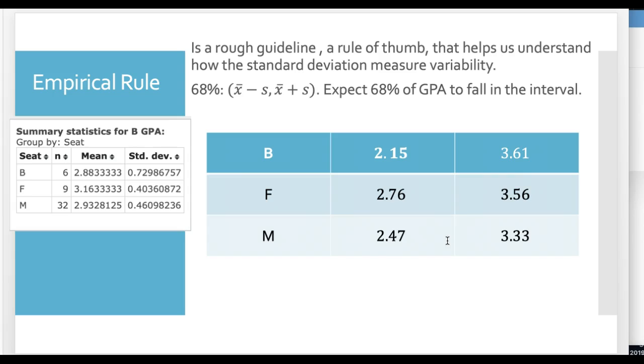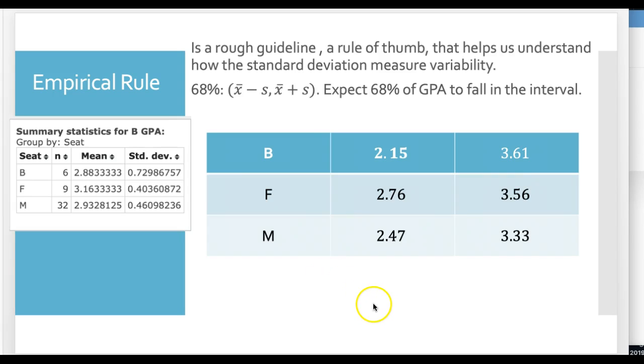That also implies that 100% minus 68%, so 32% of GPAs, will be outside of those intervals, a lot fewer of them larger than 3.33 or smaller than 2.47.